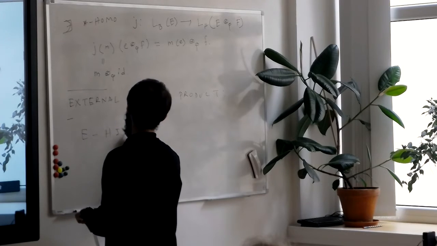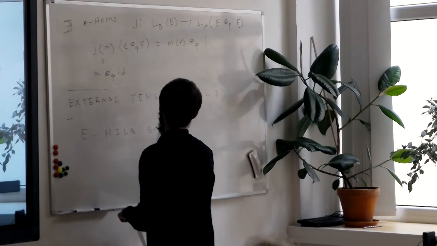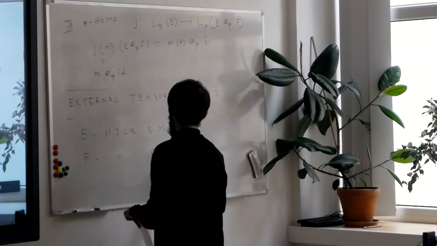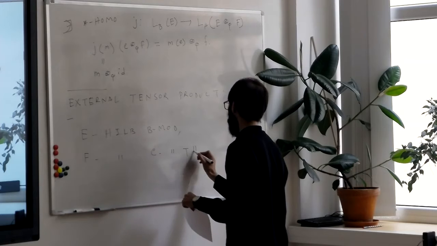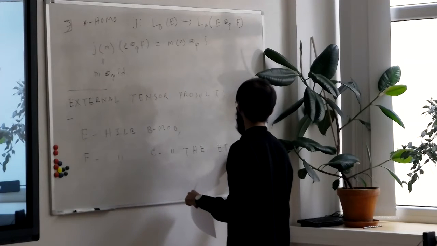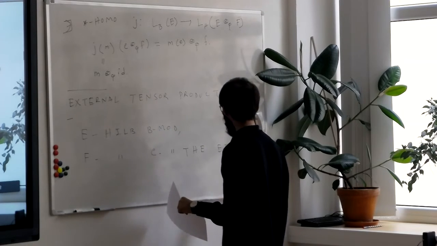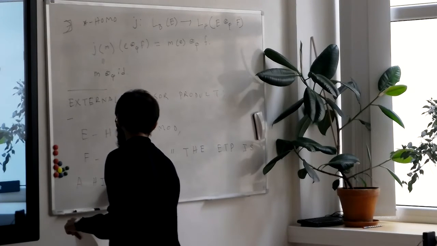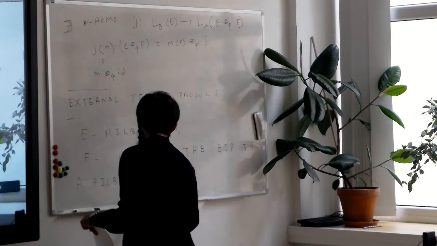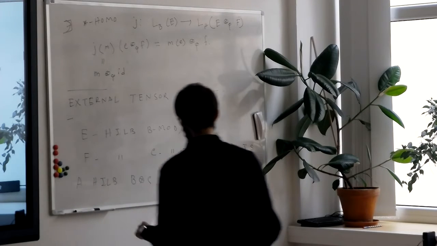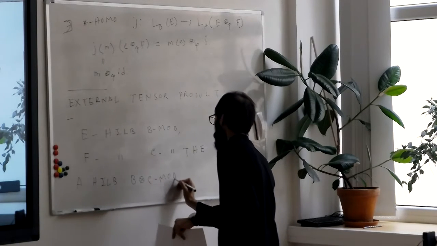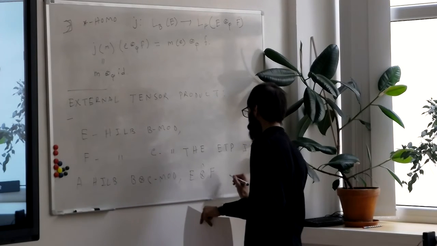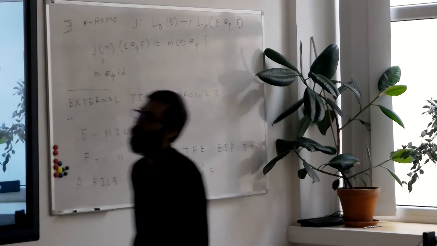Now the external tensor product. E is a Hilbert B module, F is a Hilbert C module. The external tensor product, ETP, is a Hilbert B tensor C module, where this tensor product is the minimal one, written as E tensor-hat F, with the structures given as follows.